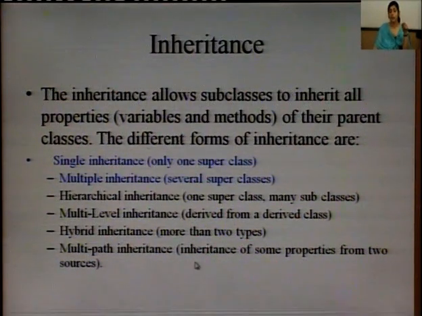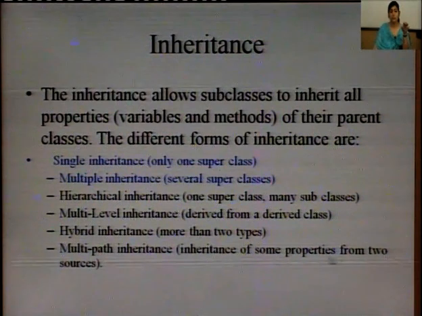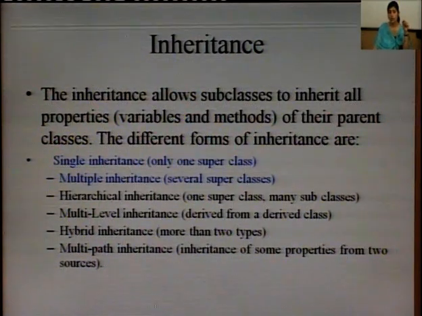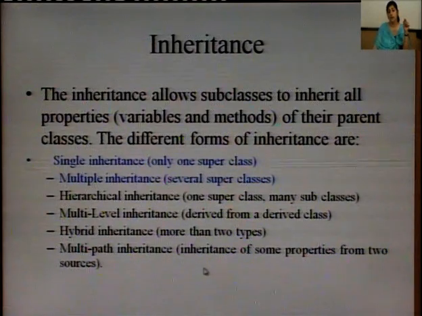Then multi-path inheritance means inheritance of some properties from two sources. Clear what are the main types of inheritance? Single inheritance, multiple inheritance, hierarchical inheritance, multi-level inheritance, hybrid inheritance and multi-path inheritance.